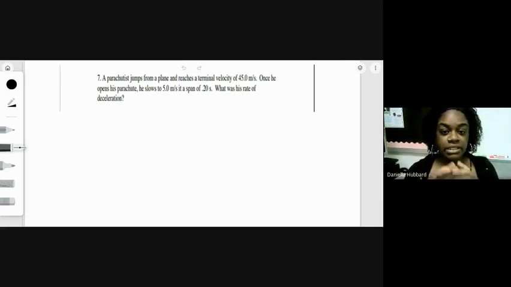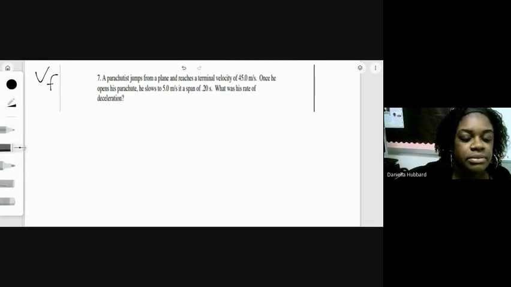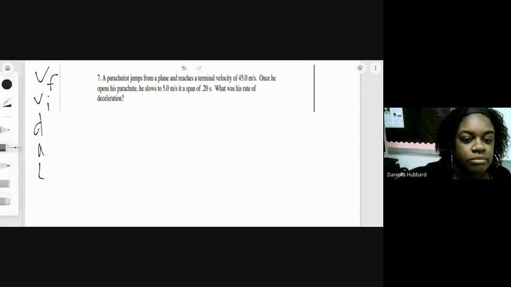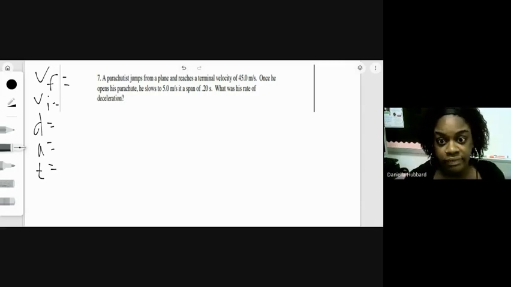So before we get into the terms, let's first write our variables to the side. And just get used to doing that, even with the equations and problems that you're going to see in the future. Get used to just writing out the information that's given.